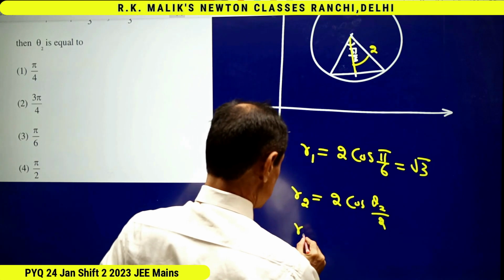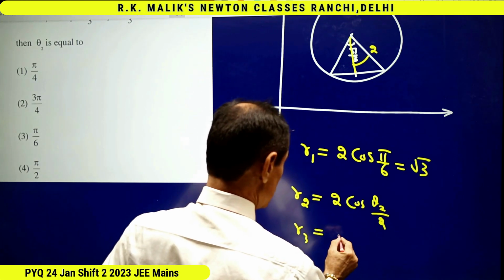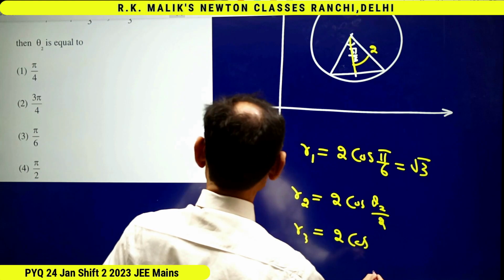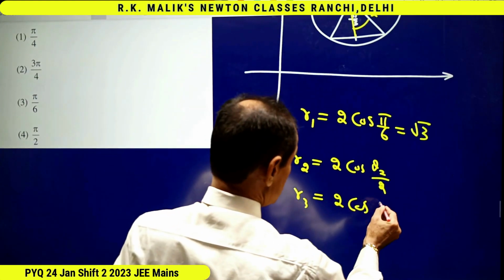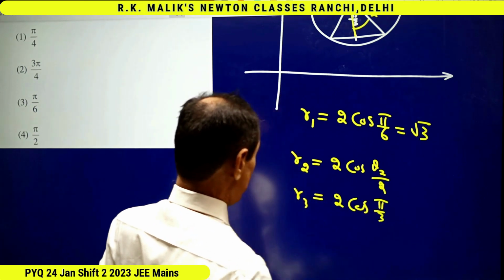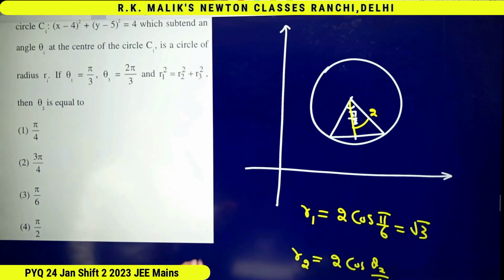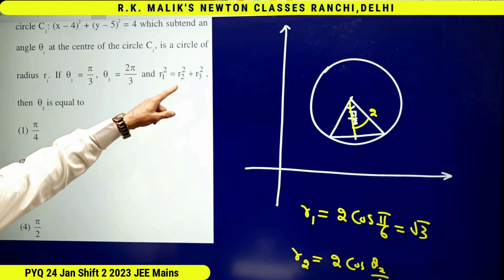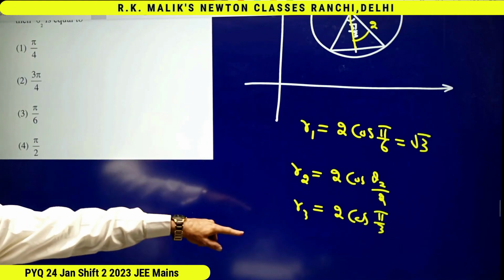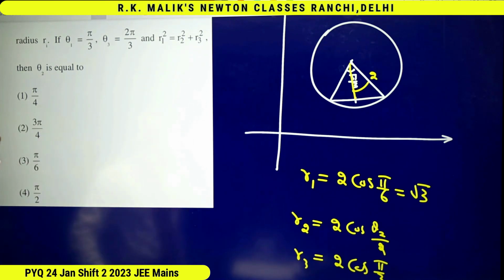And similarly, in the case of the third circle, R3 will be equal to 2 cos half of 2 pi by 3, that is pi by 3. Hence, we have got the value of R1, R2, R3, and putting the value of R1, R2, R3 from here in this equation, I will get an equation in theta 2 and I will get the value of theta 2 from there.